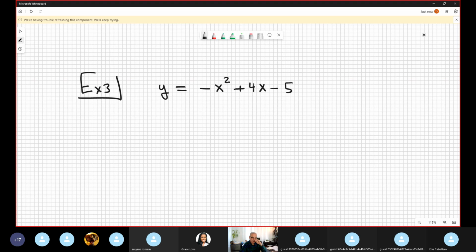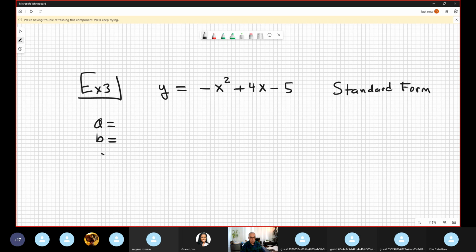So, is this expressed in standard or vertex form? Standard. Standard. Cool. Now, since it is standard, immediately in one corner of the piece of paper, I determine ABC.